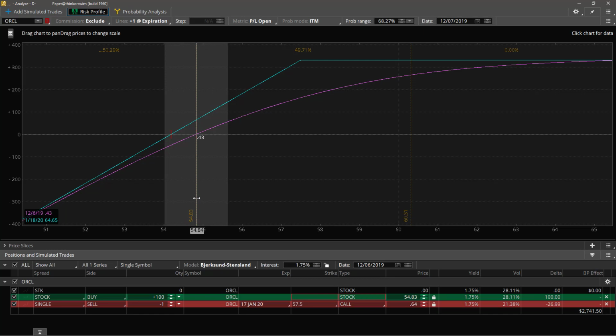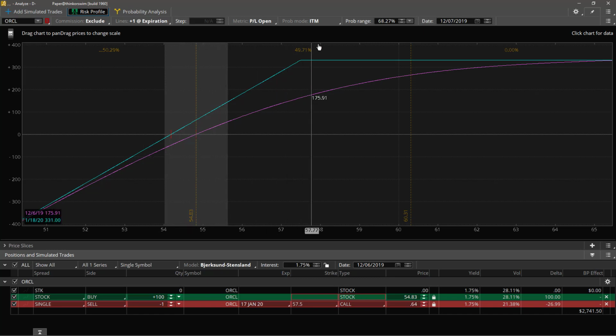So this makes total sense. As of today, the value is, well, I can't put this line precisely, but it's basically zero. It's only over time, or if the price of the underlying changes, that we'll make or lose money. So this is the effect of your covered call.